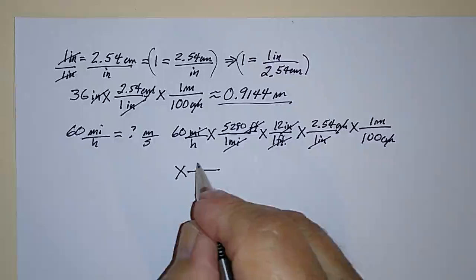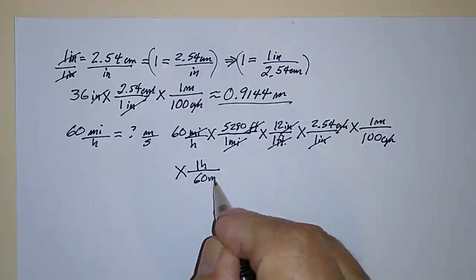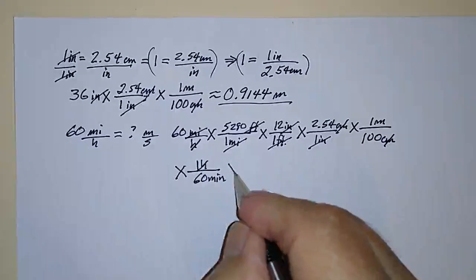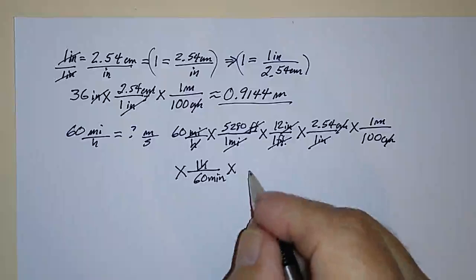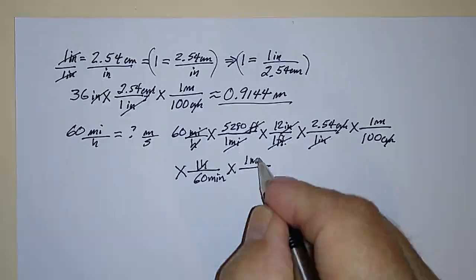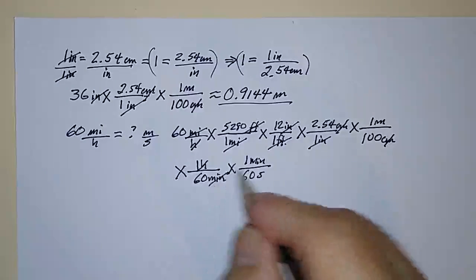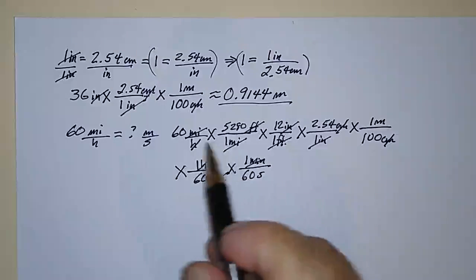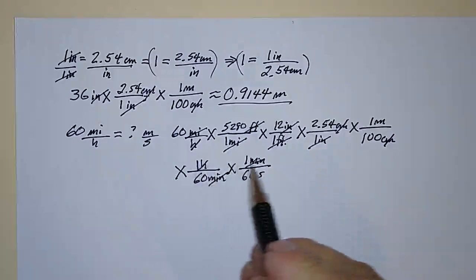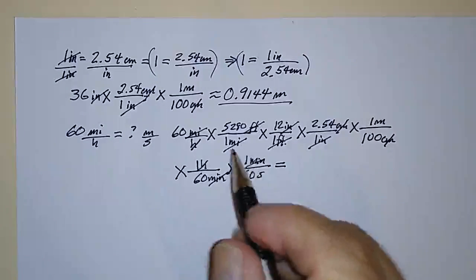Well, I know that 1 hour is equal to 60 minutes. That gets rid of the hours, times, I know that 1 minute is equal to 60 seconds. That gets rid of the minutes. So now all I do is multiply everything in the numerator and then divide by everything in the denominator.